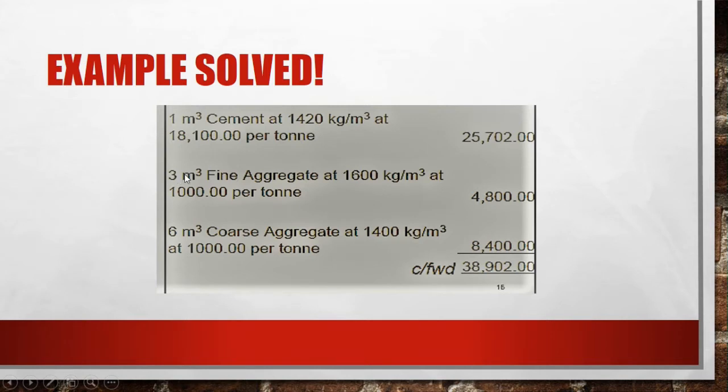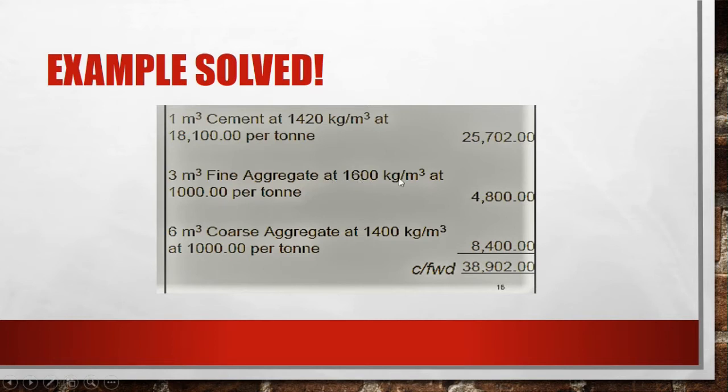We find the mass of fine aggregates in 3 meters cube. Dividing 1600 by 1000 to convert to tons gives 1.6 tons.